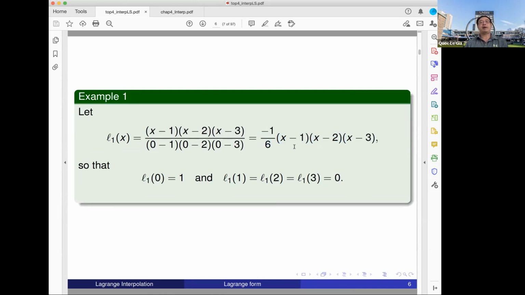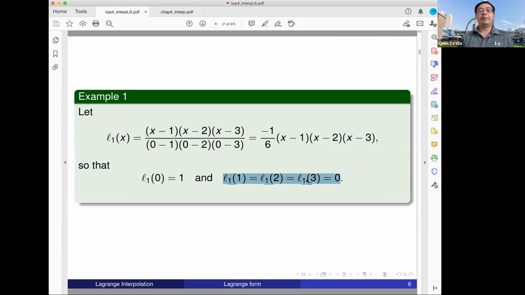But now there's a special property about L1. First, you notice that L1 is a cubic. But secondly, if you put x equals 1, then L1 just equals 0. Put x equals 2, L1 equals 0. Put x equals 3, it equals 0. So L1 at 1, at 2, at 3 equals 0.